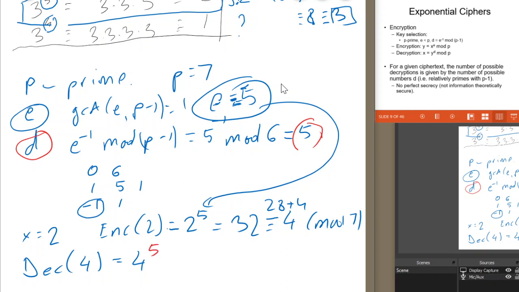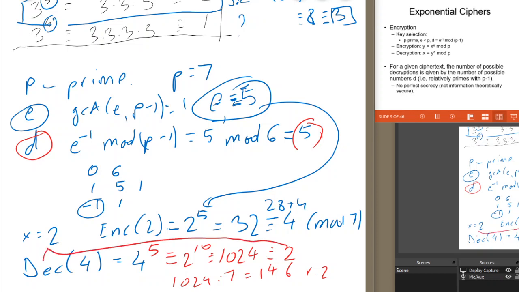So we raise that to power 5, which in this particular case is the same as 2 to the power 10, known value, it's 1024. 1024 divided by 7 is 146, remainder 2. So this is congruent with 2, which is returning our message back, mod 7.